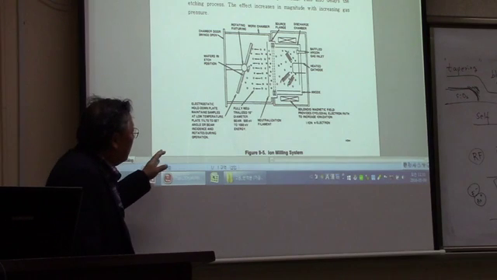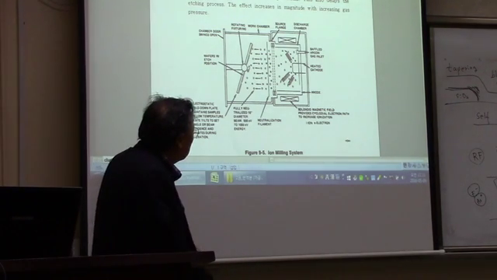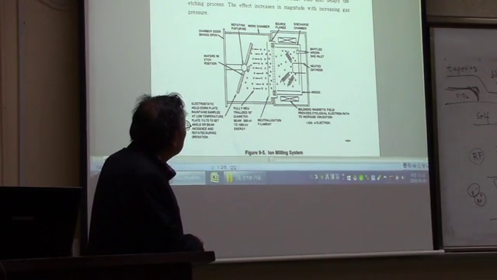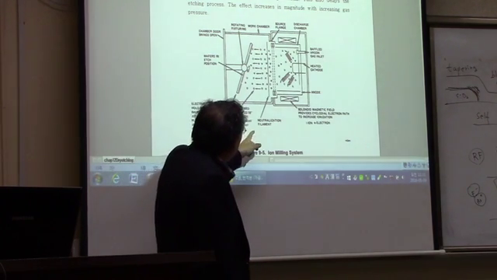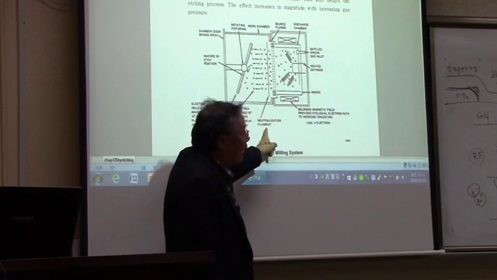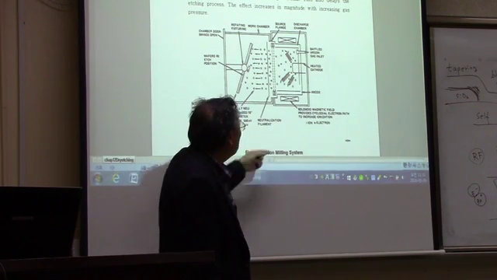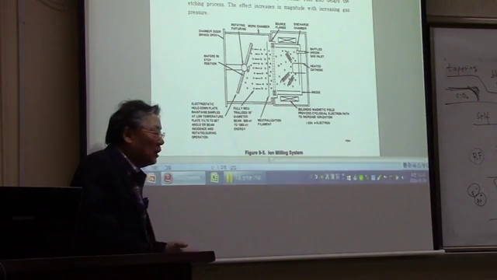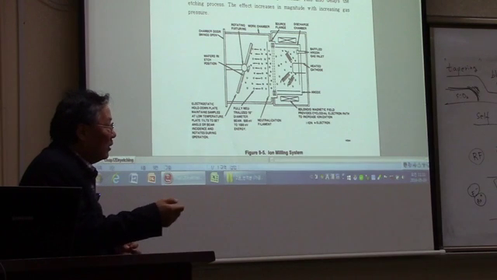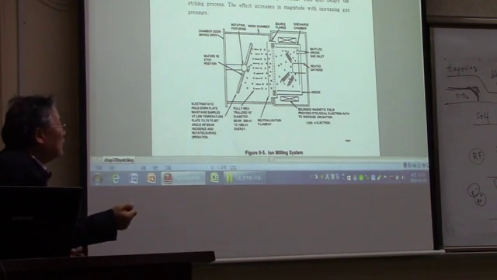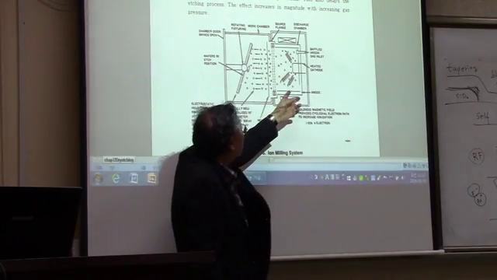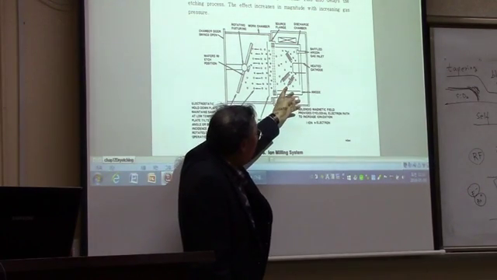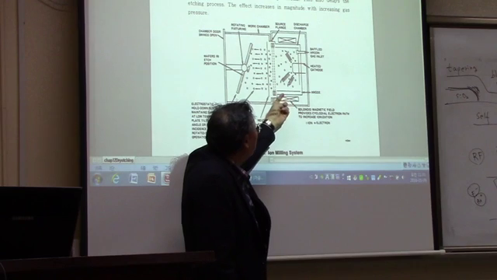This is the schematic illustration of an ion milling system, and you can see there is a neutralization filament. This neutralization filament just supplies electrons to the ions which have been accelerated with the self-bias.